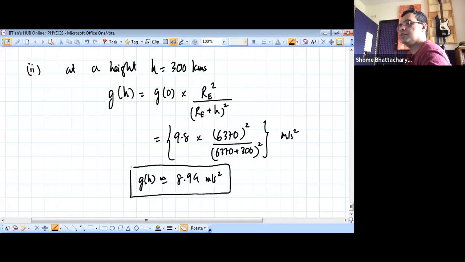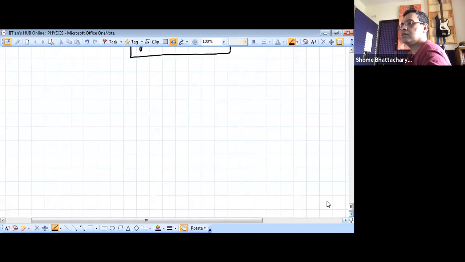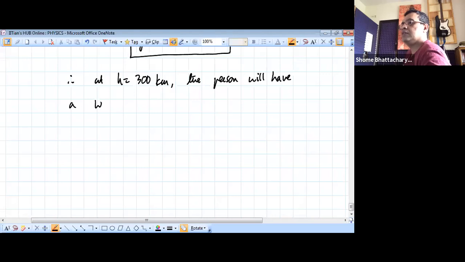So therefore at this height, the person will have a weight of 80 kg multiplied by g at that height of 300 kilometers.